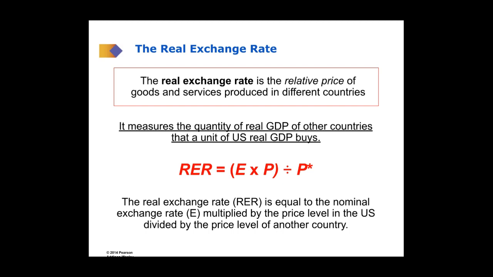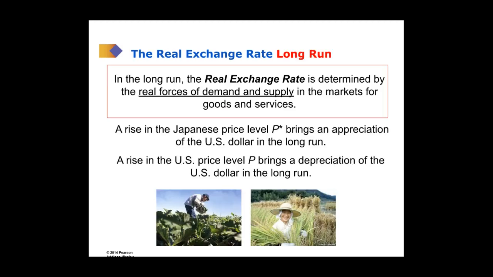And so we know that in the long run, the real exchange rate is determined by the real forces of supply and demand in the markets for goods and services. This gets back to the idea that the demand and supply for currency is derived demand and supply, meaning that people don't demand and supply the currency for the currency itself.